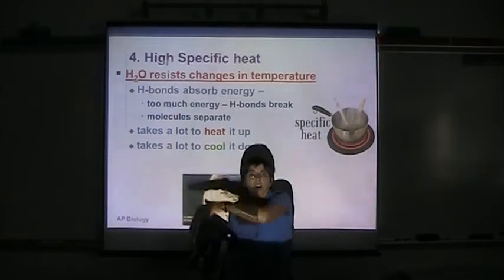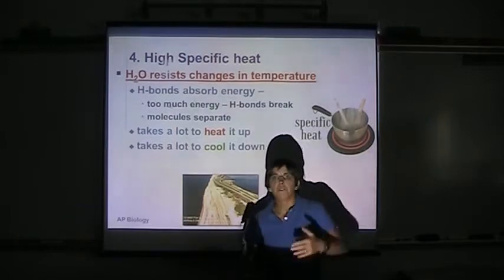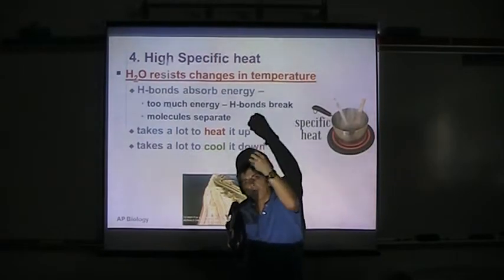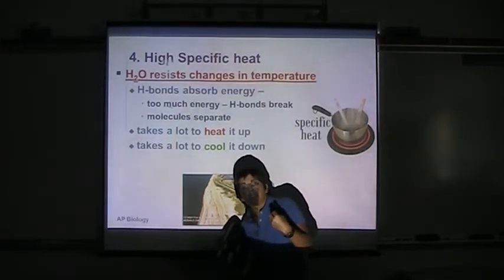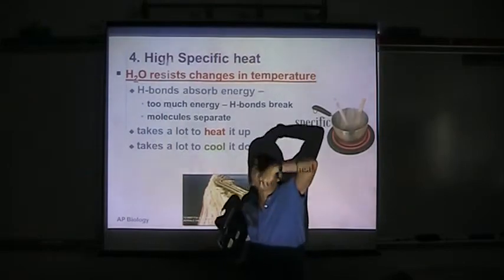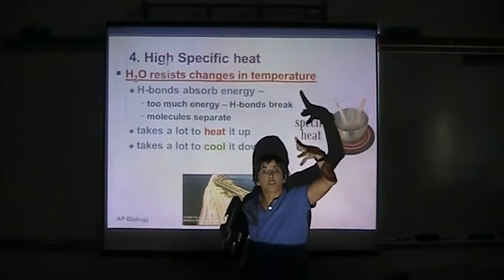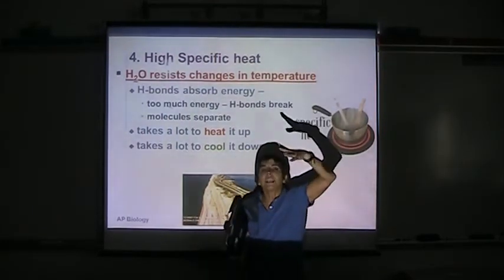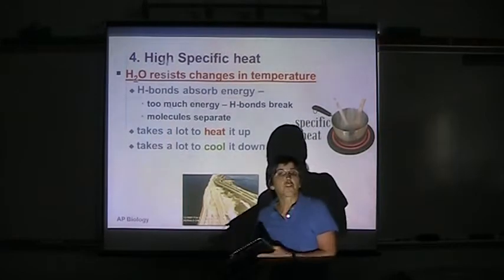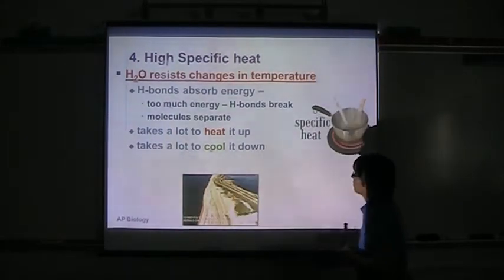Same latitude on the coast, we see something different because water absorbs a lot of that heat during the summer, and in the winter, a lot of that heat energy stored in the hydrogen bonds is released, so the temperature does not oscillate as much.